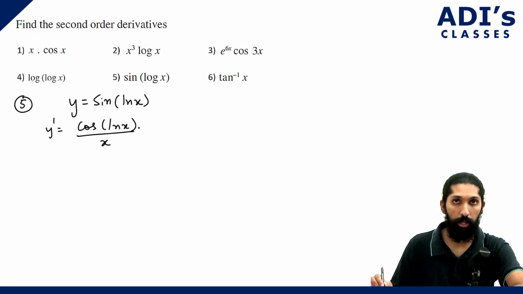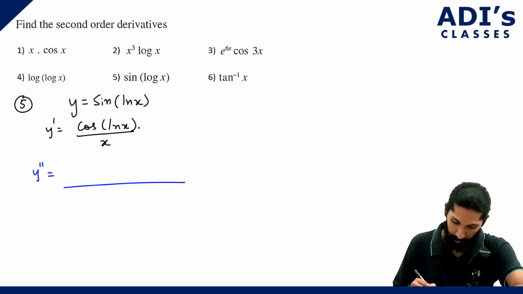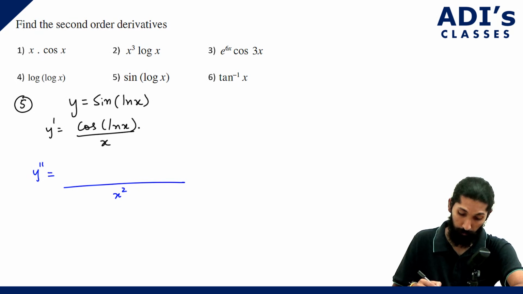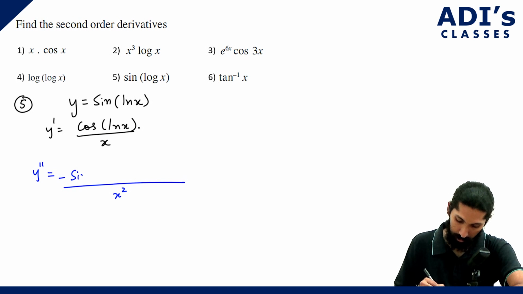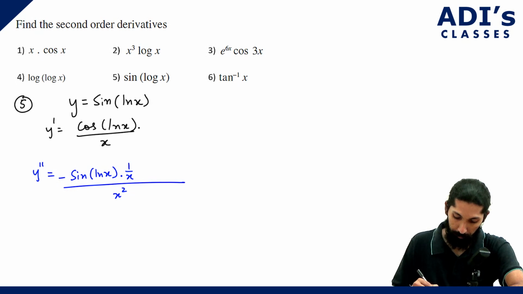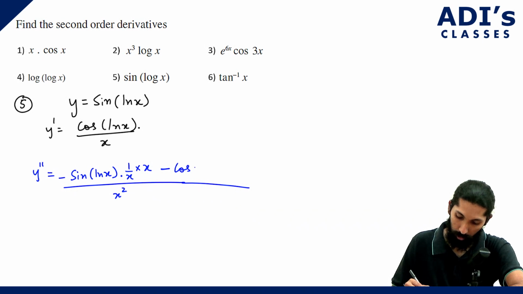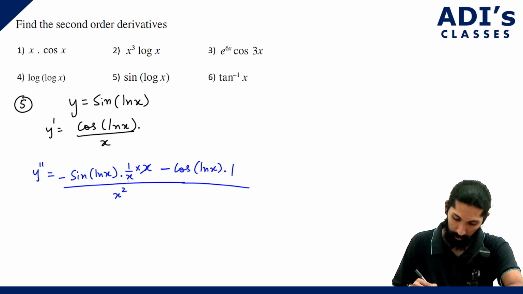Now, when you are calculating y double dash, we have to use the quotient rule, correct? So y double dash becomes the whole thing divided by x square we have. So first, the derivative of the numerator minus sine of log x into 1 by x. This is just u dash, correct? Multiply this by v minus cos of log x into 1, because the derivative of v, that is the denominator, is 1. x and x cancels.